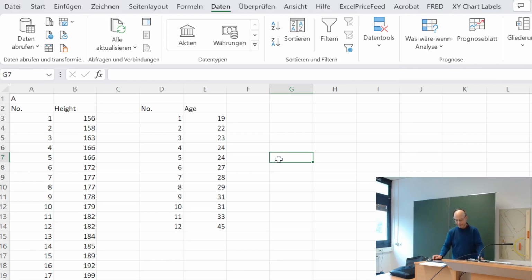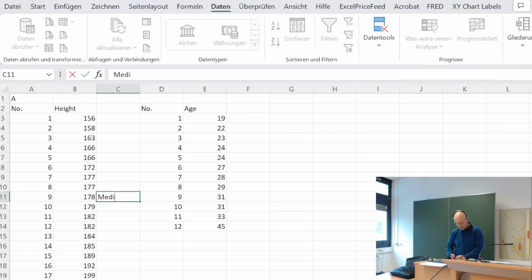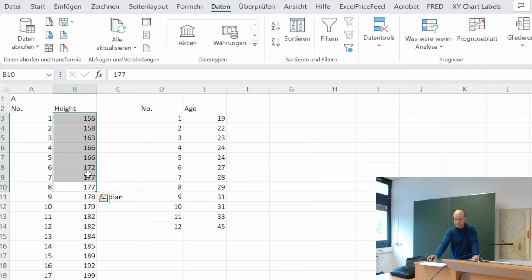Yes, so this is the median, because then we have 8 data points below and 8 heights which are longer than 178. And what about class B, where we have the parameter for the age, what do we have to do here?